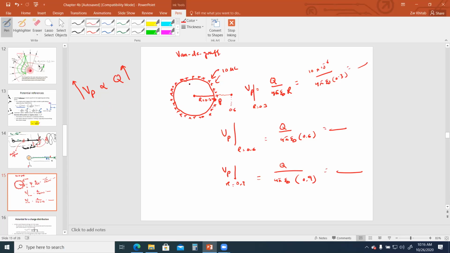That will be the capacity of this Van de Graaff. So a point will come when this structure is fully saturated with charges, and no more charge will be occupied here, and that will be the capacity of the Van de Graaff. So no more charge.